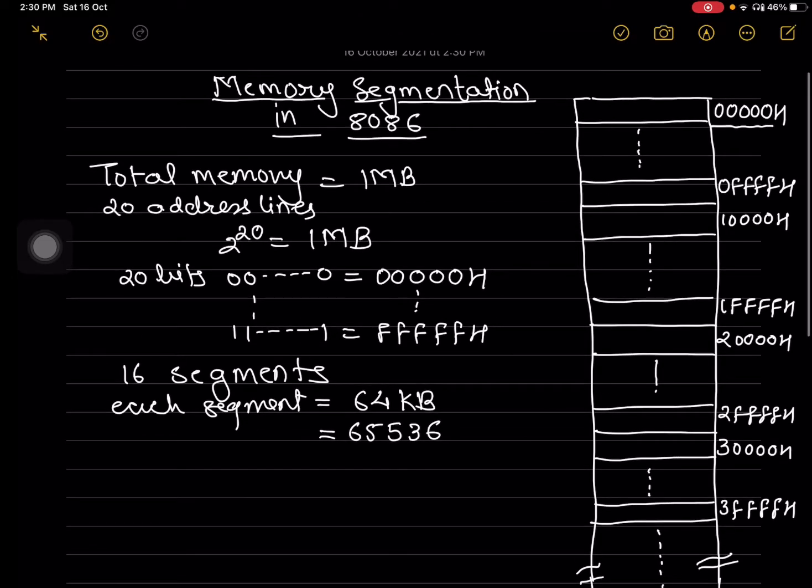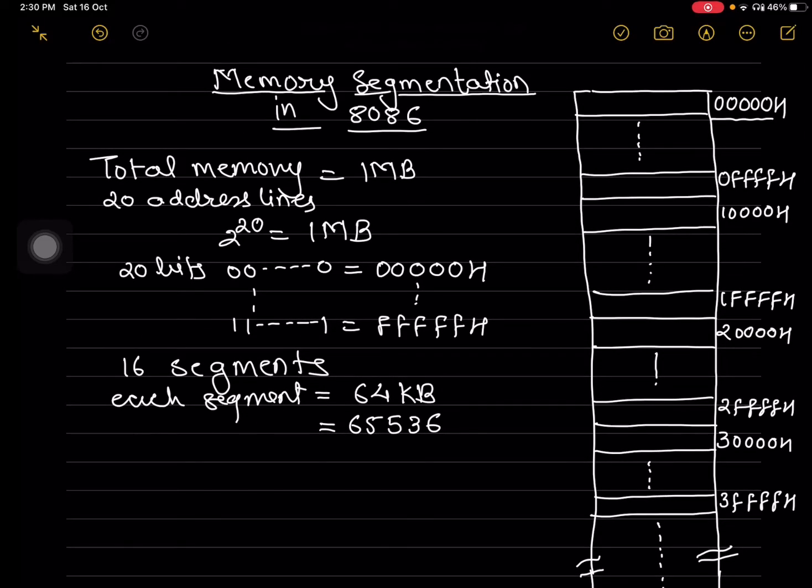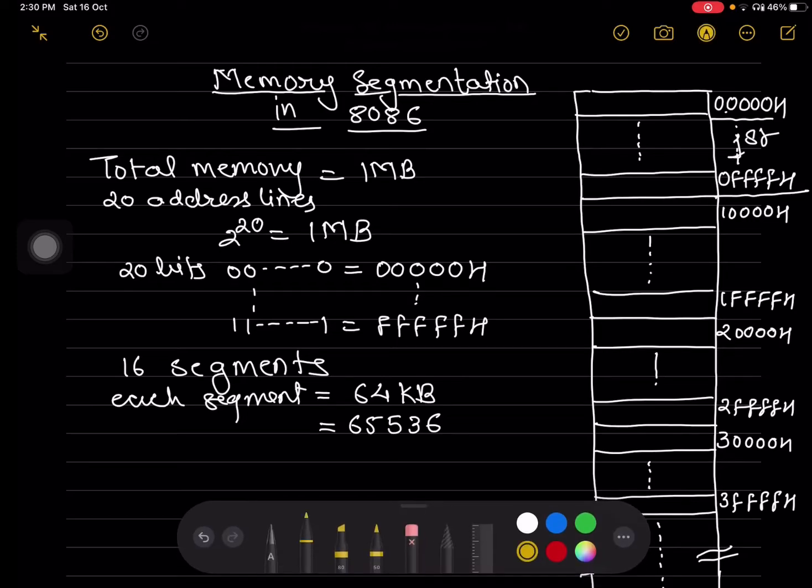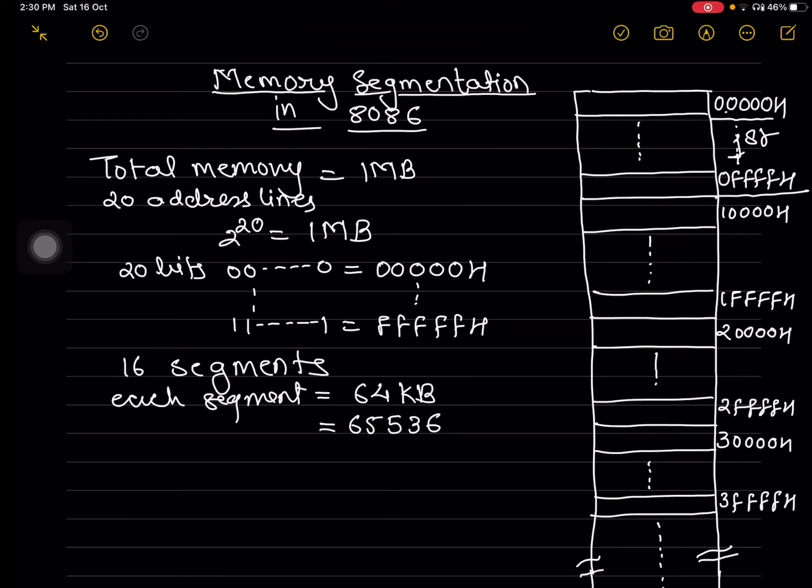Considering the capacity of 64 KB, let us assume that the first segment starts from address 00000H. Then the last address of that segment is 0FFFFH. So this becomes your first segment. If the second segment begins from address 10000H, then it ends at address 1FFFFH as per 64 KB capacity. So this becomes your second segment.